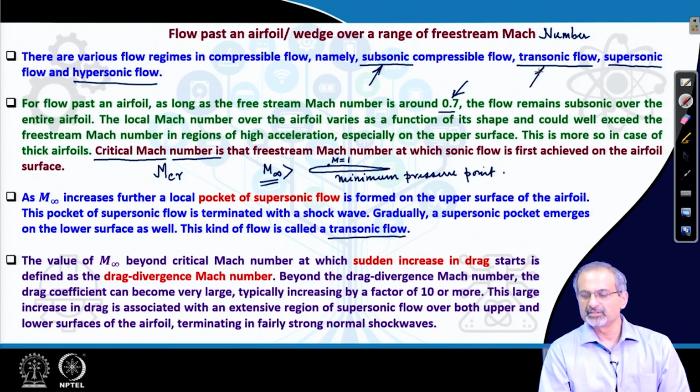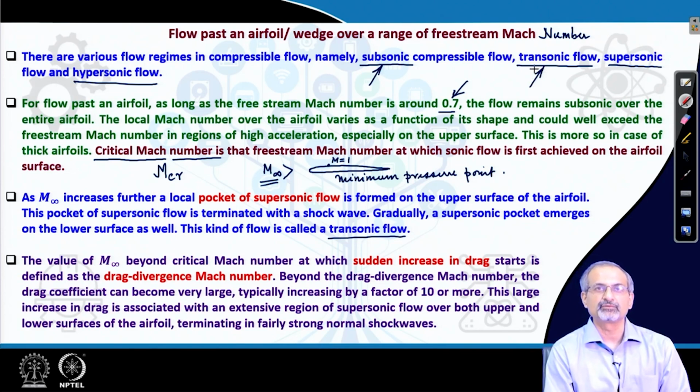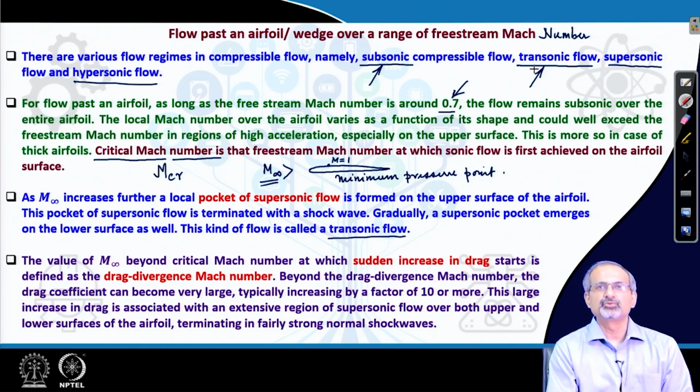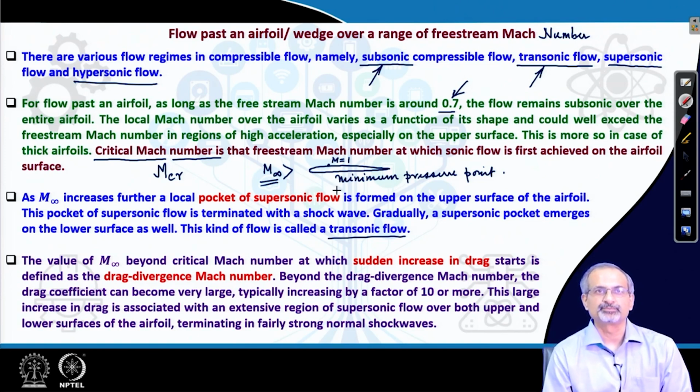If you push the free stream Mach number further, you get into the transonic flow where pockets of supersonic flow now form, and if they form, they are usually terminated by a shock at the end of the supersonic flow pocket. Then there could be accompanying issues of drag increase with the formation of those pockets of supersonic flow and the terminating shocks.